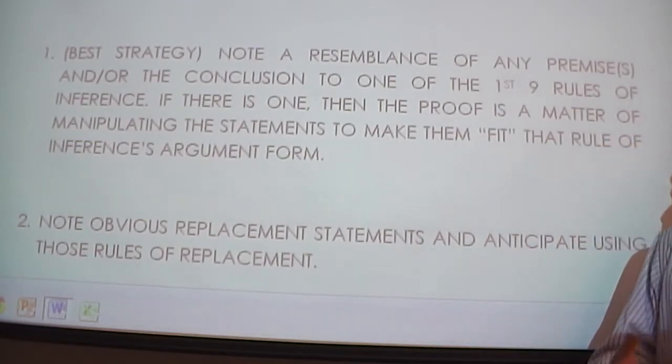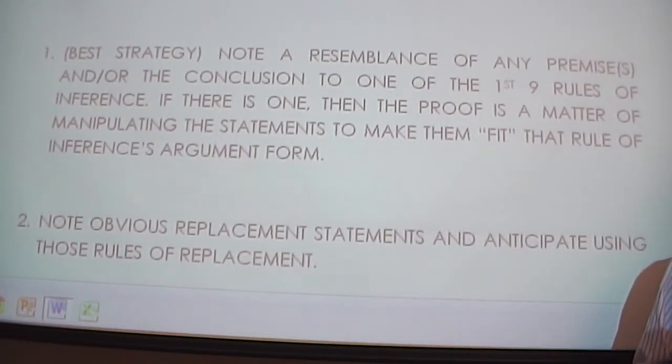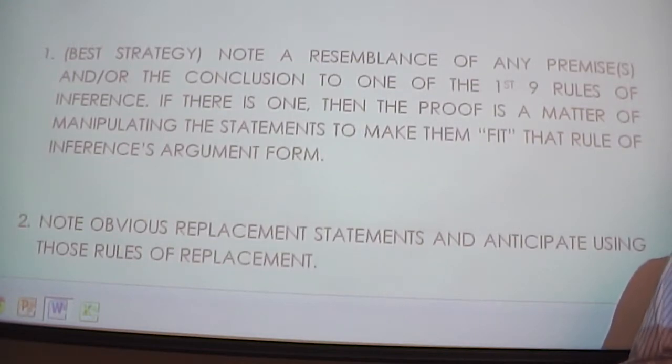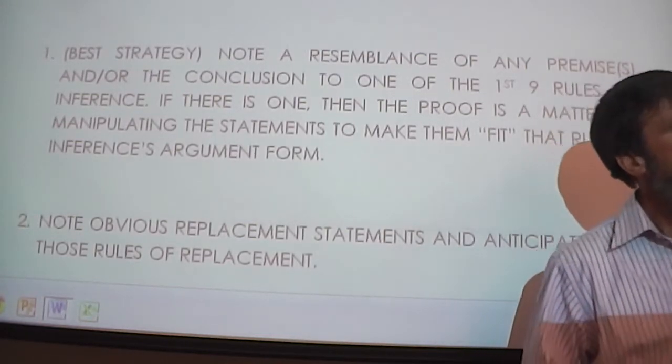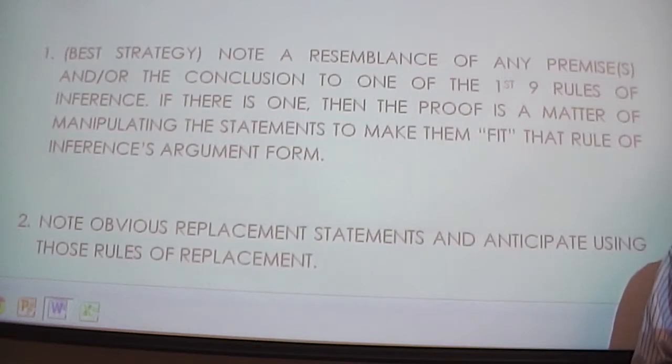What we're going to do, you and I in class, is to instead note any obvious replacement statements in our premises. And by obvious, I mean spot-on substitutions of distribution or material implication or association or commutation. Because if they're there, most likely they are going to be replaced. It's not a coincidence that they're there.